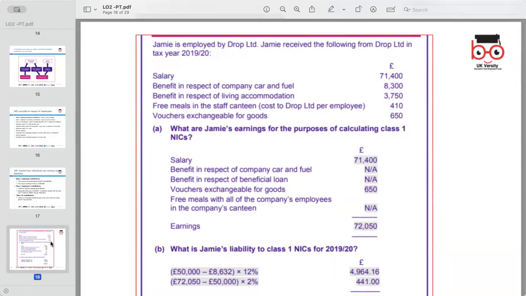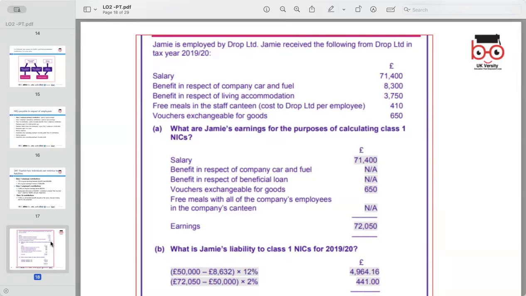So to determine Jamie's liability on Class 1 national insurance for the tax year 2019-20, we need to consider his earnings that fall within the Class 1 national insurance contribution threshold. For the portion of his earnings between 8,632 pounds and 50,000 pounds, Jamie is subject to a 12% national insurance rate.